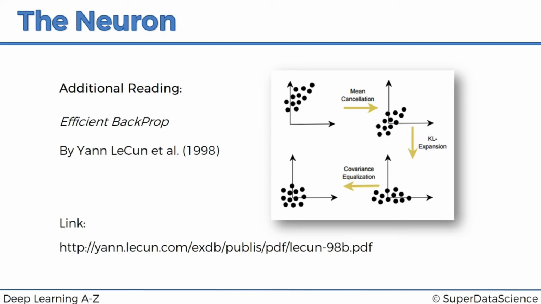He's a close friend of Geoffrey Hinton, whom we've already mentioned. In this paper, you'll learn more about standardization and normalization, but also pick up lots of other tips and tricks, and it'll be a good source for additional reading as you go through this course. So definitely check it out.